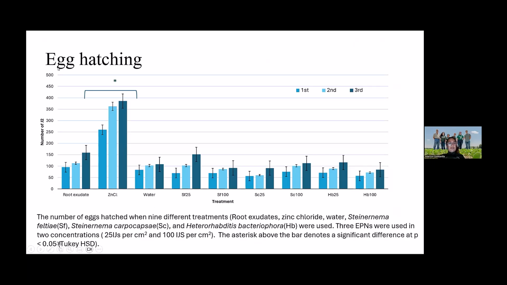So the egg hatching, we can see pretty much the conclusion. These are different entomopathogenic nematodes. So entomopathogenic nematodes don't have any impact on soybean cyst nematode. There are trials showing that they do affect root knot nematode negatively, but for some reason not soybean cyst nematode.